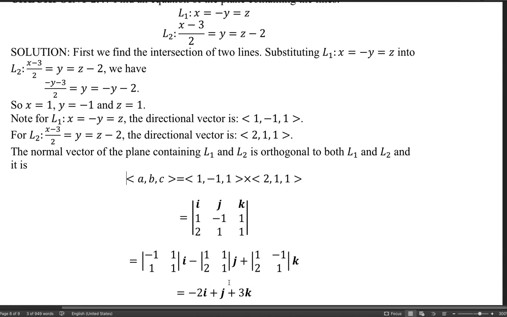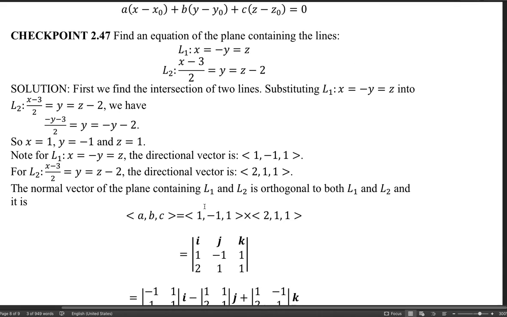Now look at the problem we are working on. It is to find an equation of the plane passing through both lines. First we have a point. Actually, this is the point, right? And indeed, we could denote this as x naught, y naught, z naught.